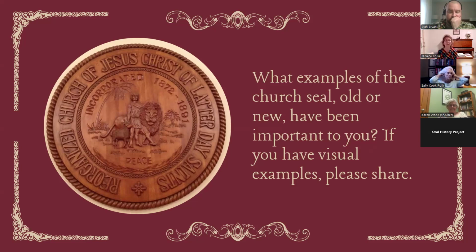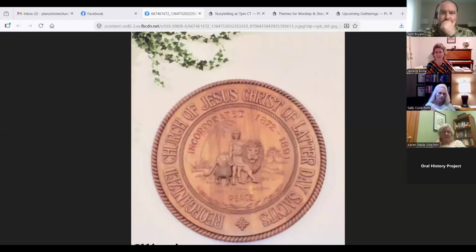Sure. Rick Young, he actually hand carved the church seal out of wood. And then Seth has put a picture of it on where people can see it. I think it looks beautiful. And Rick was a son of Dwayne and Betty Young, and Dwayne was an elder of the church.